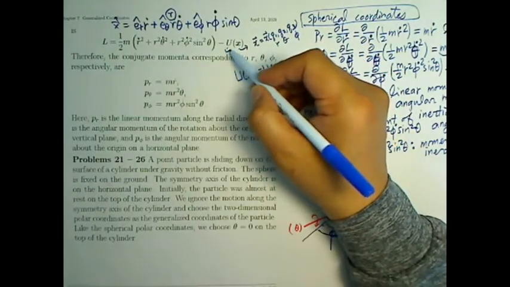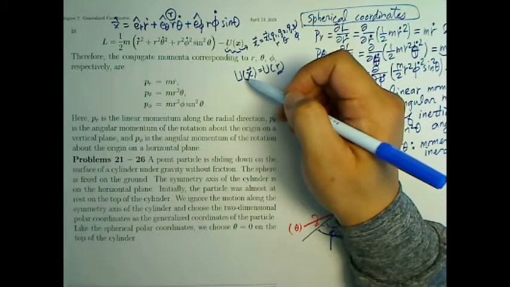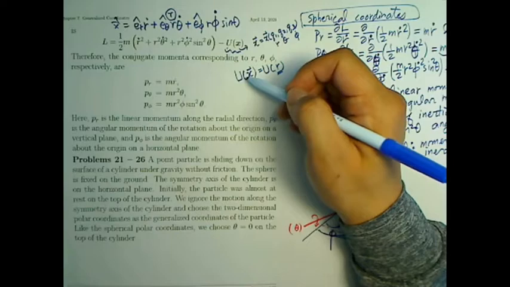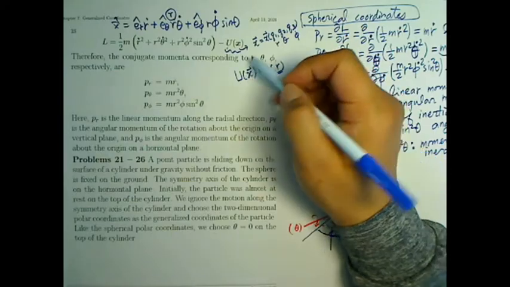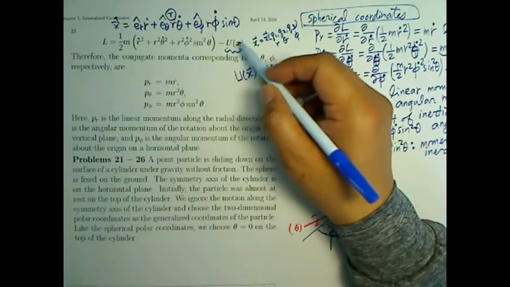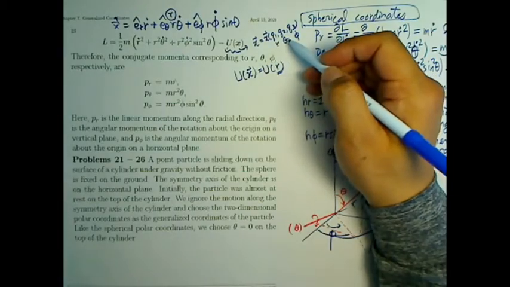The potential energy is described in terms of the Cartesian coordinates, and then if we introduce the curvilinear coordinate system, r, theta, phi, all three components are expressed in terms of q1, q2, and q3.